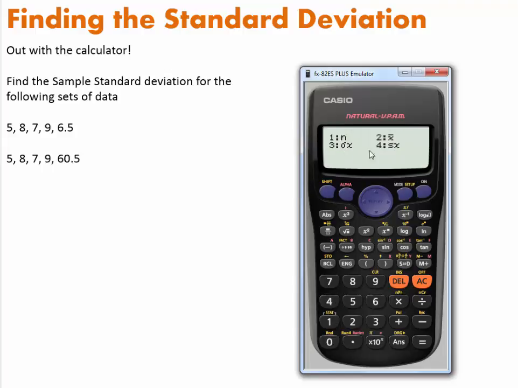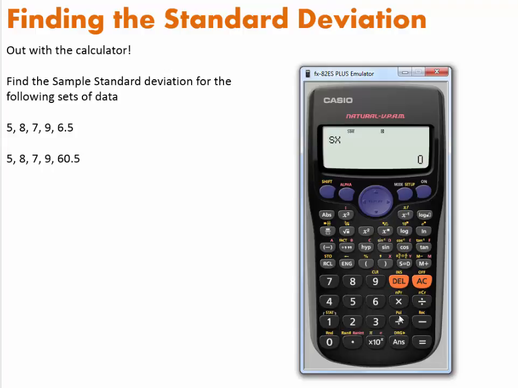Now this is an important point here. The SX is the sample standard deviation. This other one, sigma X, is when you're looking at the standard deviation for a whole population. Now in the assessment task, we've just got a sample of people, so we want number 4.